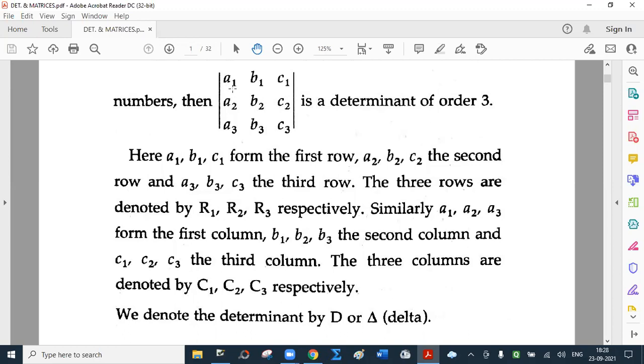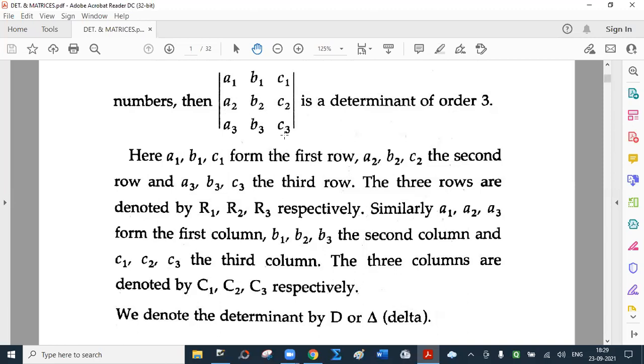For example, which are the elements in the first row? A1, B1, C1. A1 is multiplied by a second order determinant obtained by omitting the row and column in which it occurs. This occurs in first row and first column, omit. So we get B2, C2, B3, C3. So A1 is multiplied by this determinant.